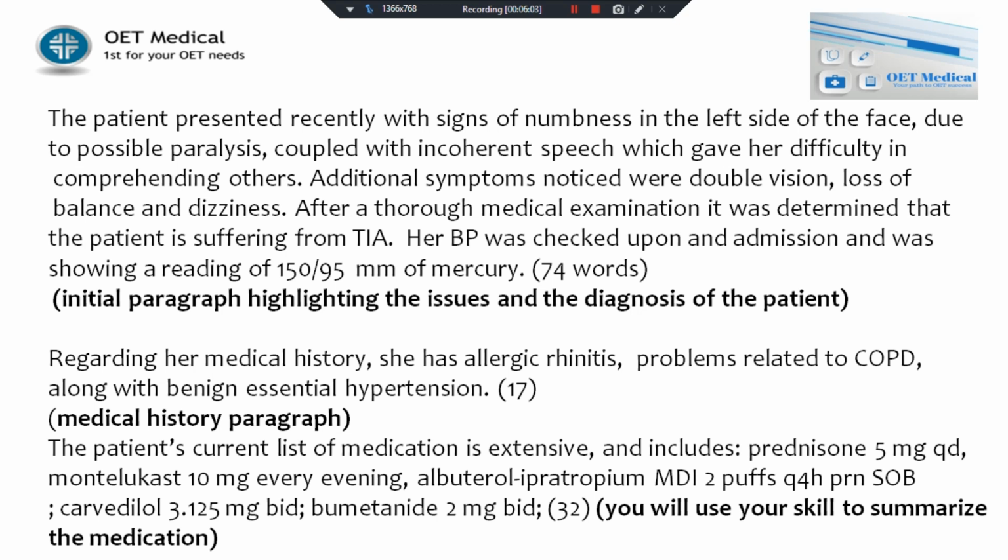So this is the initial paragraph here. And again, yours might be slightly different. This is an example. This is the initial paragraph highlighting the issues and the diagnosis of the patient. The diagnosis words were in the very initial, in the beginning paragraph, but this is the main paragraph that talks about the patient's condition.